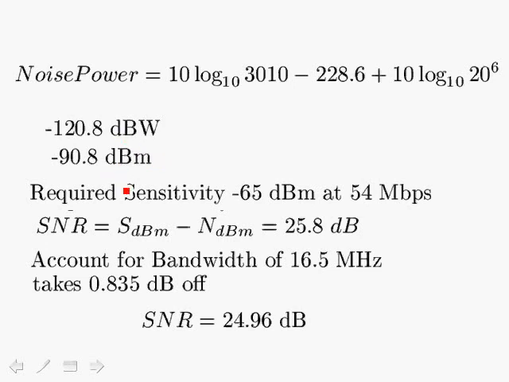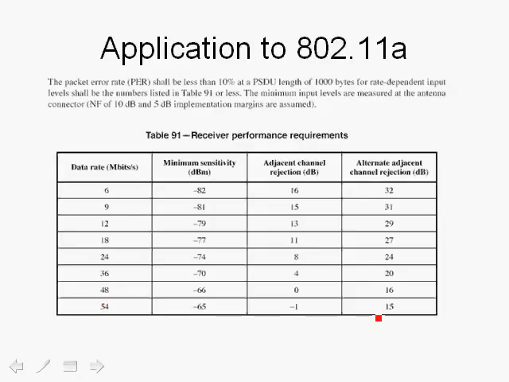Now if we go back to the table for the sensitivity for 802.11a, we obtain that at 54 megabits per second, our received sensitivity is minus 65 dBm. That's the input signal power at the sensitivity point at 54 megabits per second. This is shown here. So at a data rate of 54 megabits per second, our minimum sensitivity is minus 65 dBm.